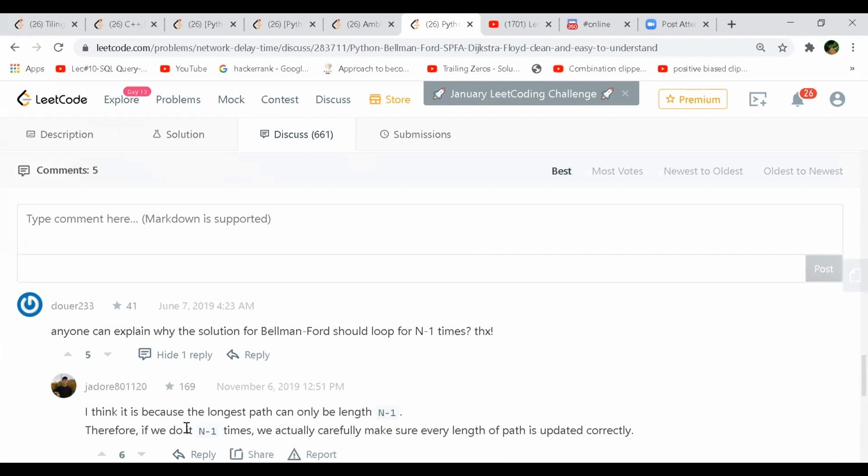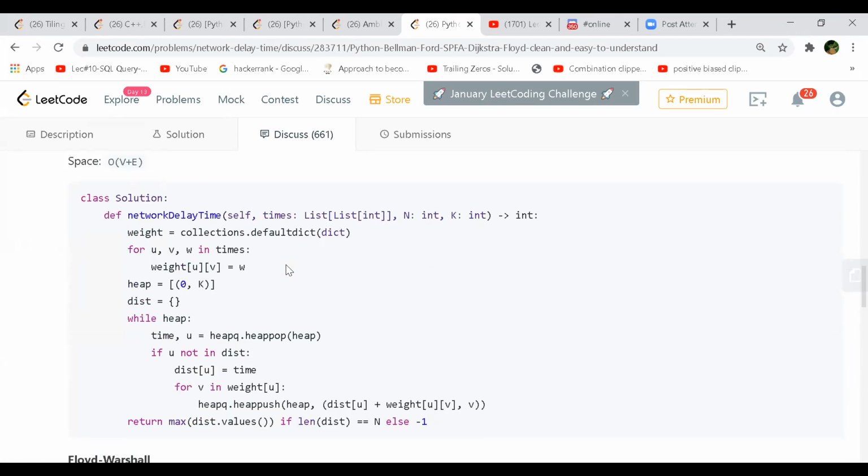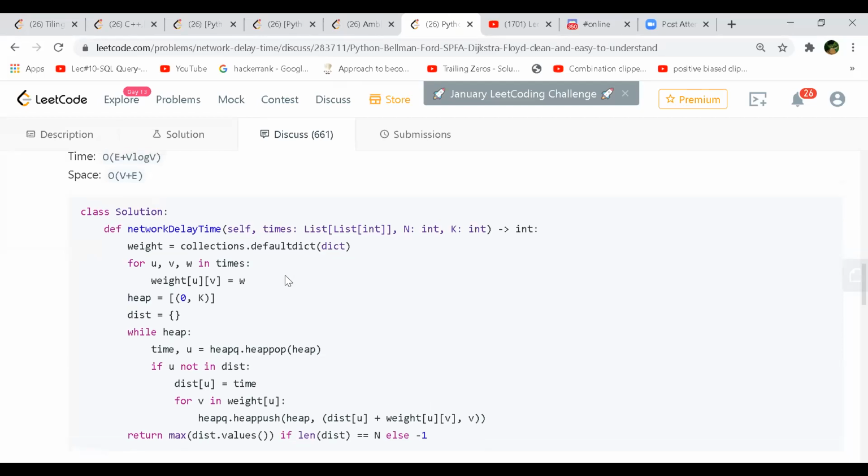If you are able to use Dijkstra, better use it, because first of all, it's very easy compared to the others, and secondly, the time complexity is slightly better than Bellman Ford. Bellman Ford goes through each and every node and then tries to find all the values using that node.